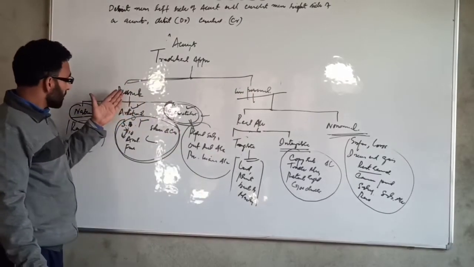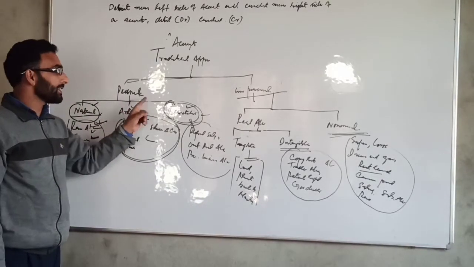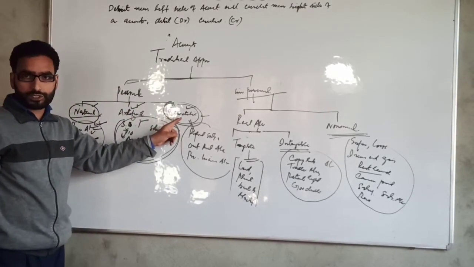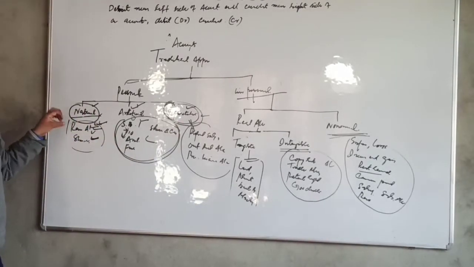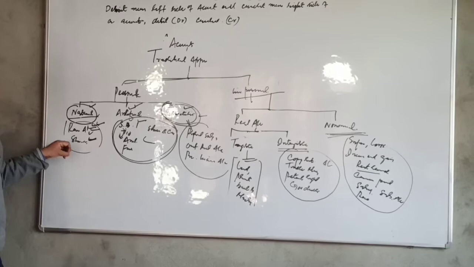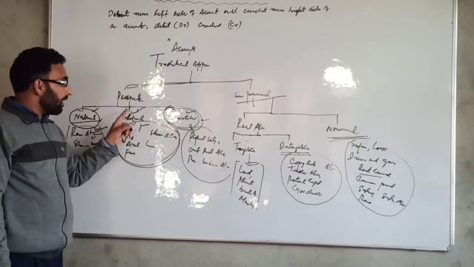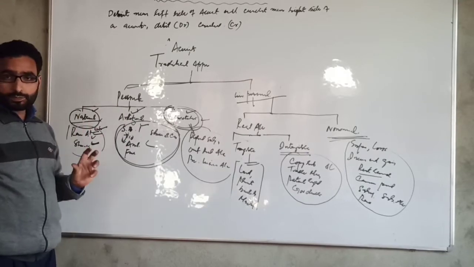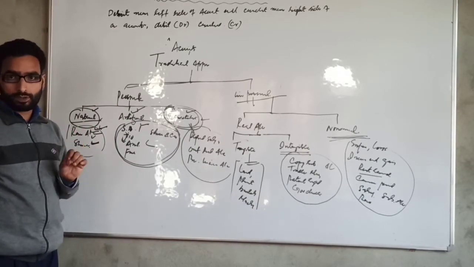The personal accounts are of three types: natural, artificial, and representative. Natural persons are Ram, Shyam, debtors, creditors, drawings, capital. Artificial persons are not actually human beings, but can act as human beings in the eyes of law.